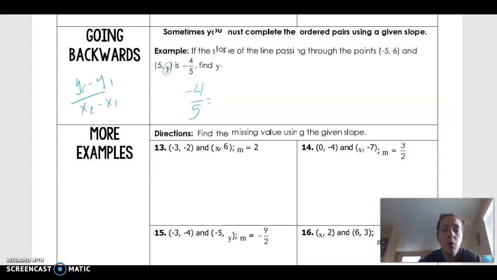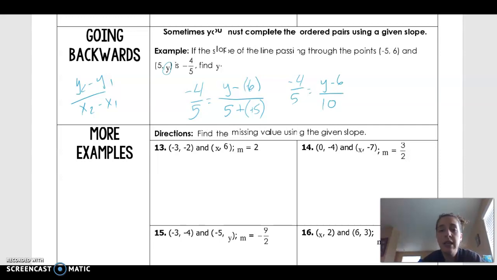Okay, so my y2 minus my y1 over x2 minus my x1. So then from here I can simplify things. So I see I'm adding here. So I've got a negative 4/5 equals y minus 6 over 10. Because 5 plus 5 is 10.